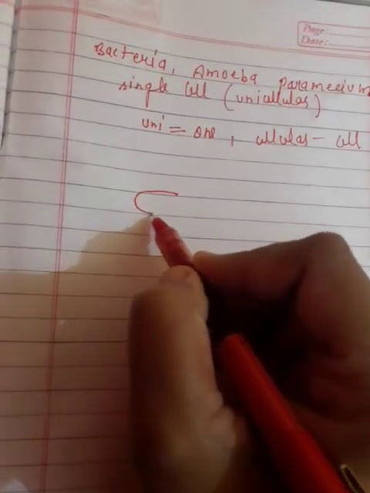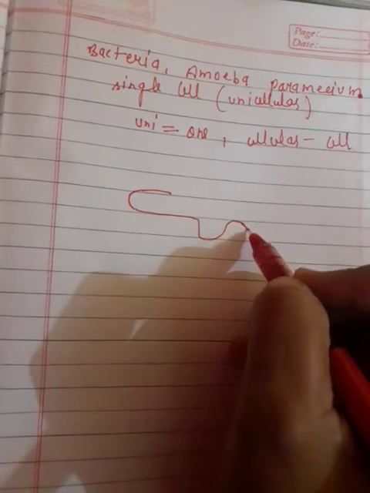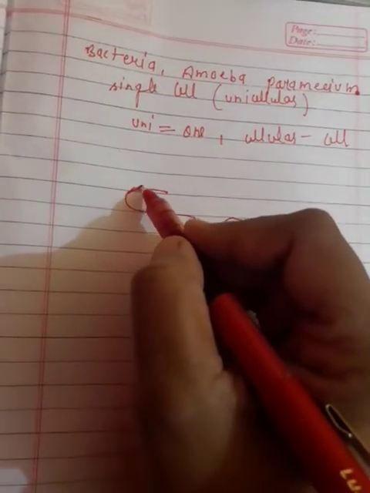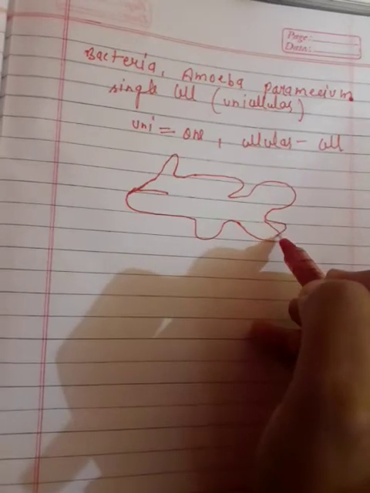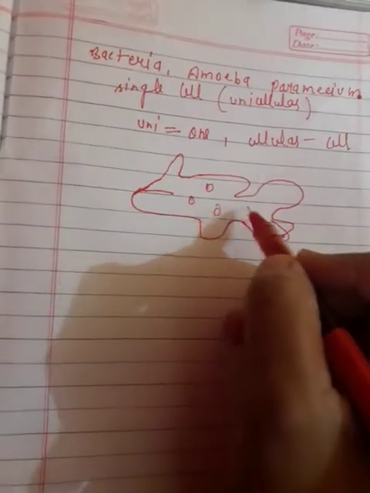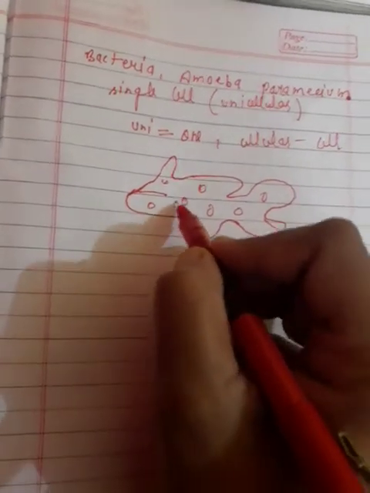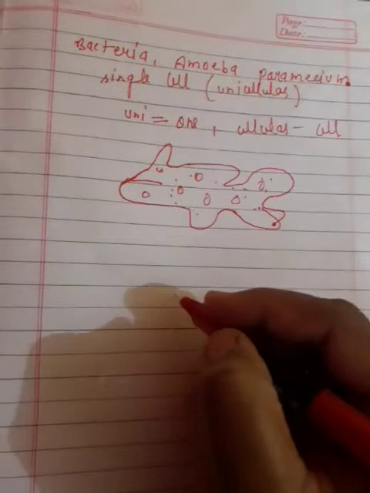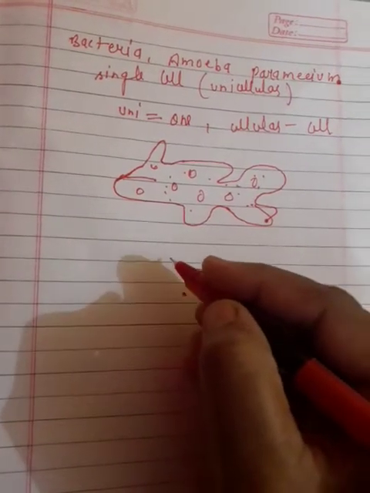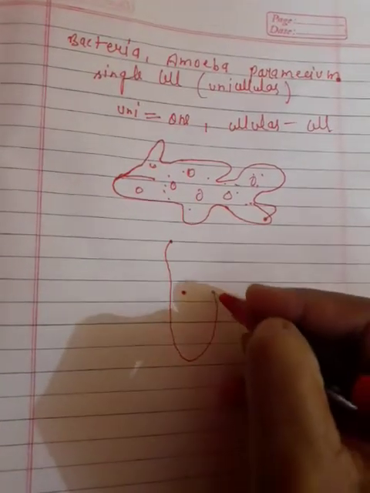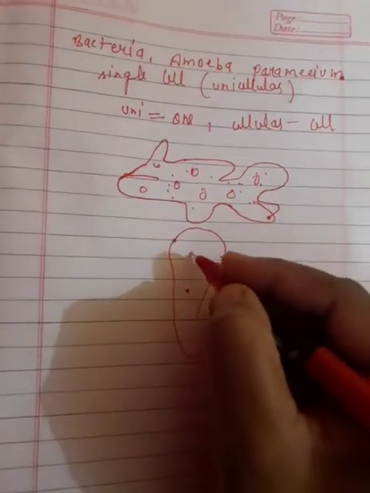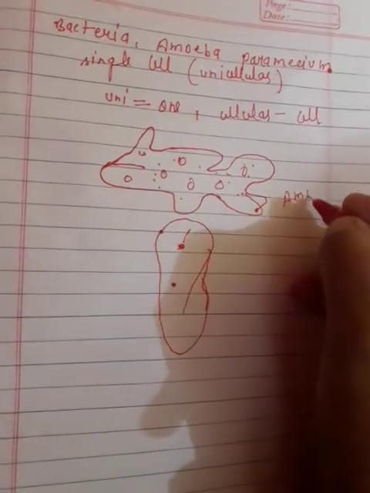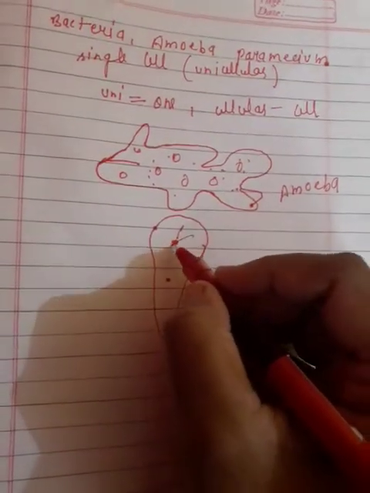I will draw the diagram of amoeba. Amoeba and paramecium. This is amoeba.